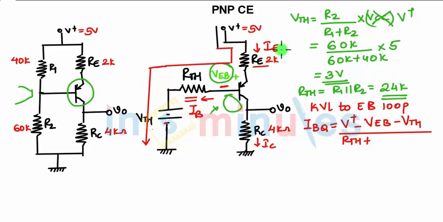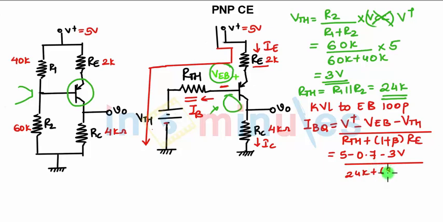Since the current flowing through RE is IE, we can write by resistance reflection rule as 1 plus beta RE. So when you substitute the values, V plus as 5, VEB as 0.7 and VTH as 3, the whole divided by RTH 24K plus 1 plus beta. Beta is given as 80, so 81 into RE, which is given as 2 into 10 raised to 3.